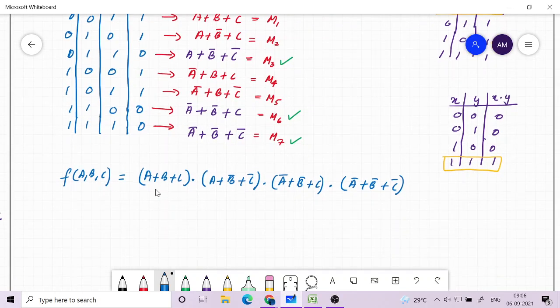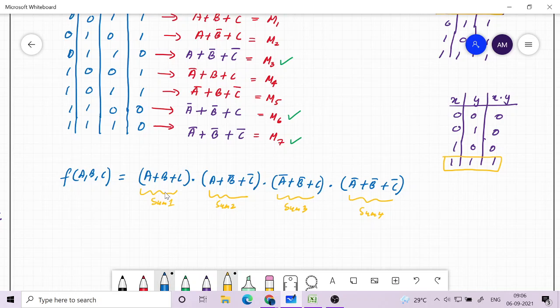Individually they are basically sums, OR operations. Each term, if you look at, these are sum terms. So this is a sum term, this is another sum term, sum 2, sum 3, sum 4, and then we are taking the product of each of these sum terms.